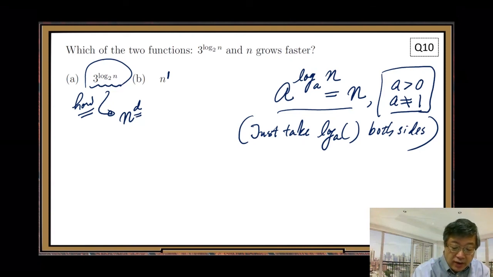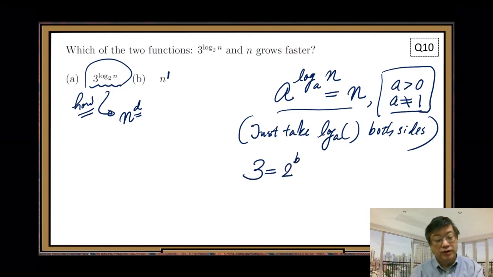Because of that formula, we want to write 3 equals 2 to some power b. We want to change the base from 3 to 2, then we will match base 2 and the log of base 2, the same base, so we can apply this formula. Our first step is to find the constant b such that 2 to the b equals 3.